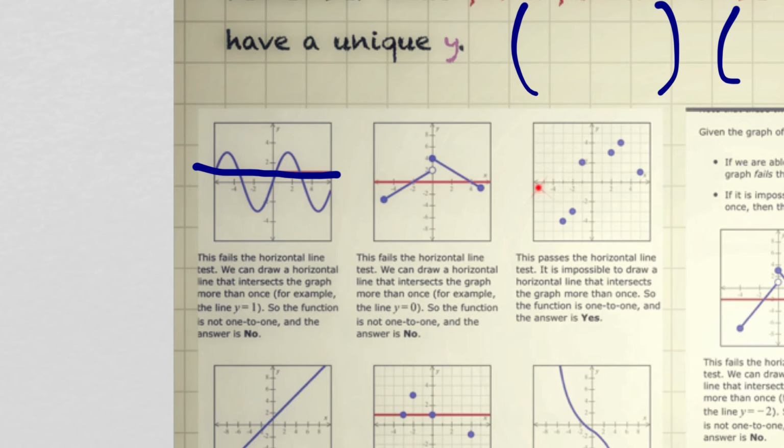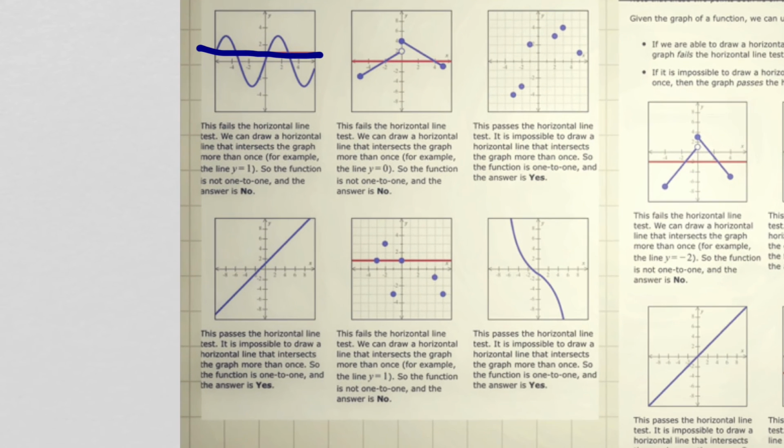Over here, we do the horizontal line test. We don't have anything on the same line, so it passes the horizontal line test, which means it's a one-to-one function.